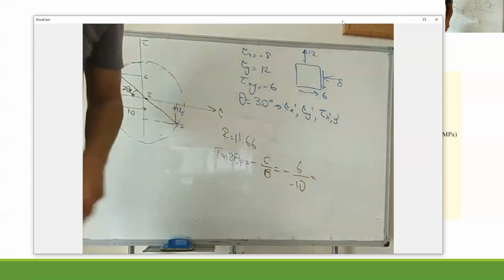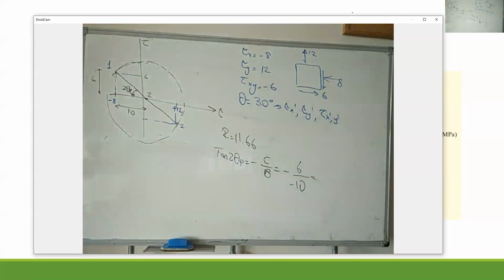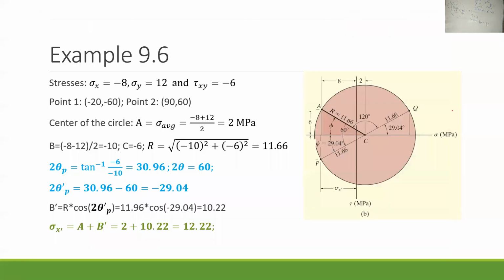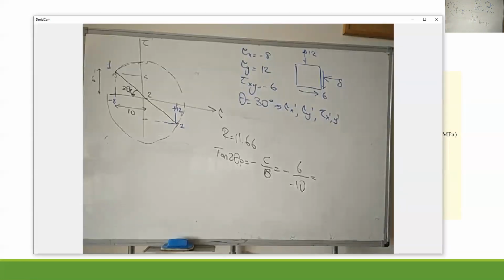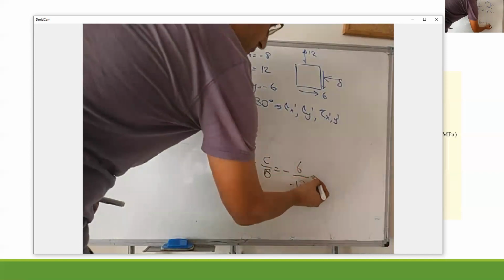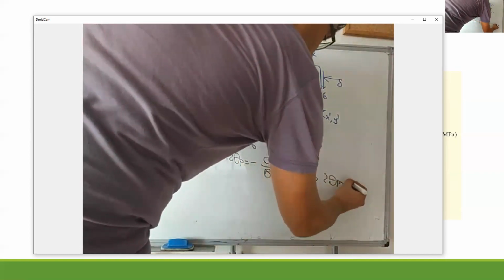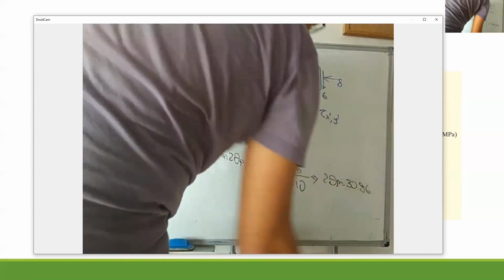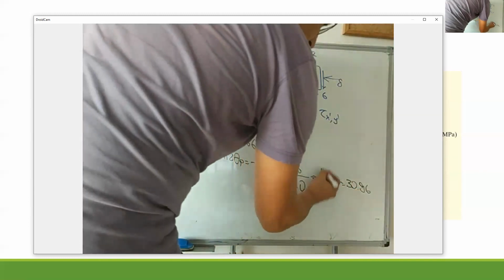So what is 2 theta p? I need to search my angle. 2 theta p is equal to 30.96 degrees. So I found 2 theta p.